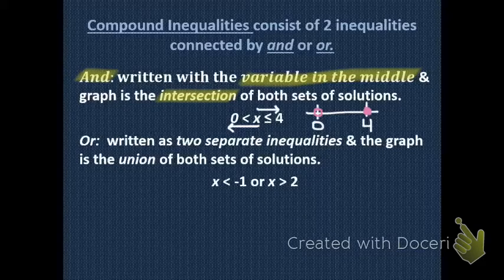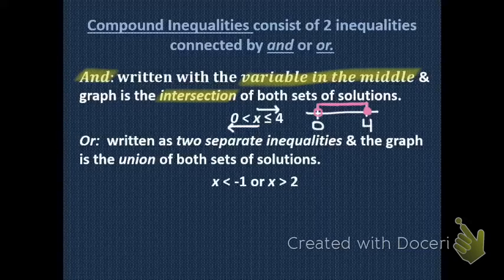You have to pay attention. It's x is greater than 0. So my arrow from 0 should actually be going to the right. Now, look at the 4. My x is less than or equal to 4. So what direction should the arrow be going from the 4? To the left, which means as I draw my arrow to the left, it actually is going to run into my other arrow.